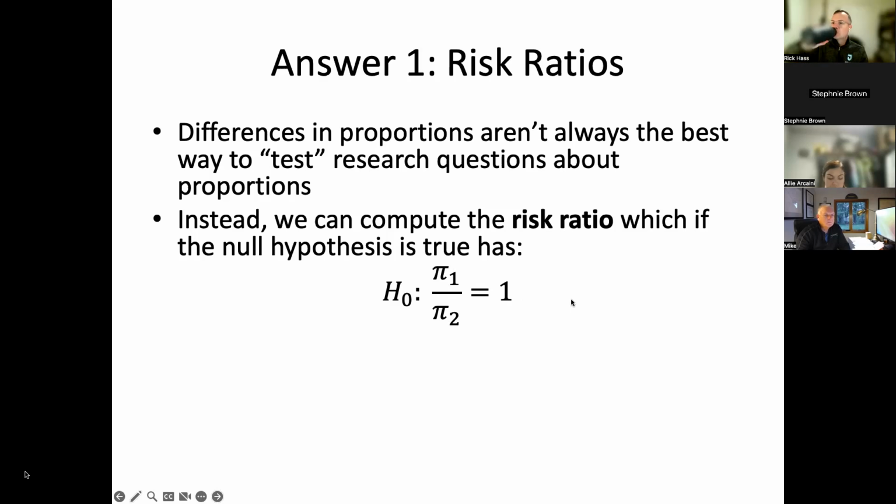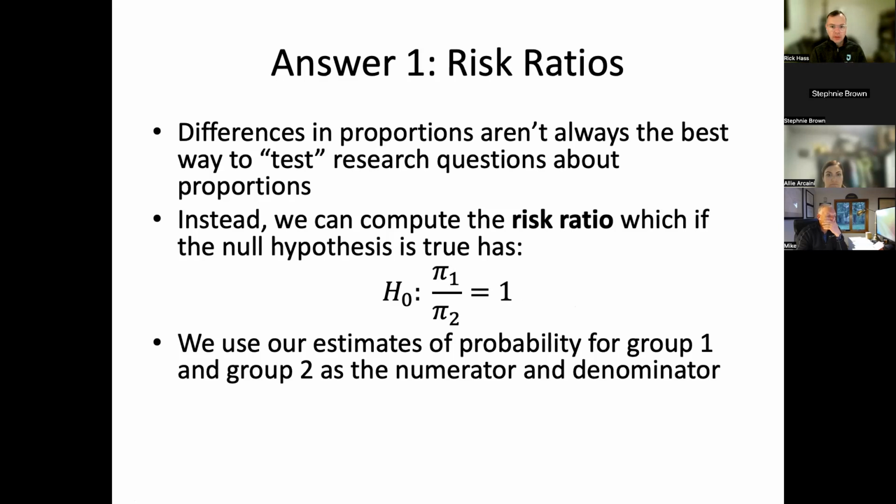They'd have to be equal. Mm-hmm. They'd have to be equal, right? So that's one way to do it. We could construct a test about the risk ratio. And again, we use our estimates of probability of the disease or whatever characteristic we're looking for. We'd use the two separate groups. So this would be, again, group 1, a measure of asthma prevalence for males versus females.